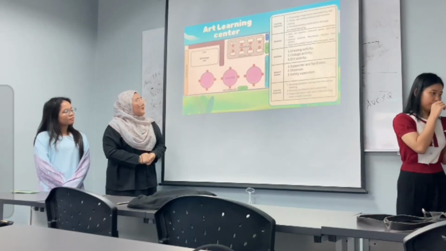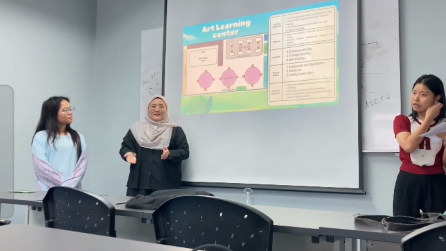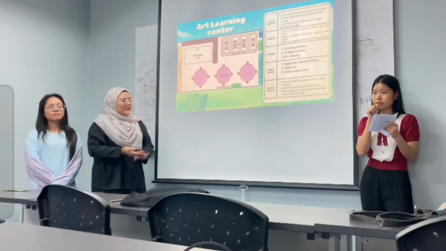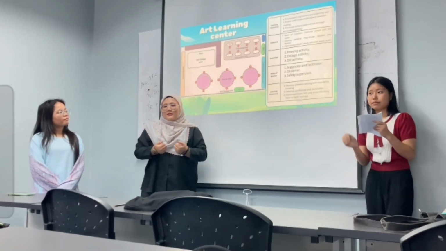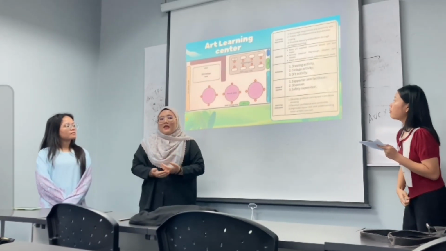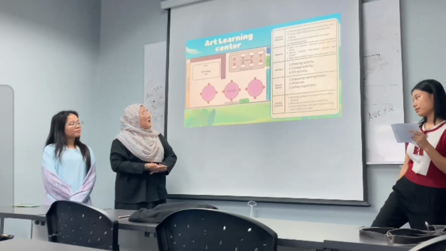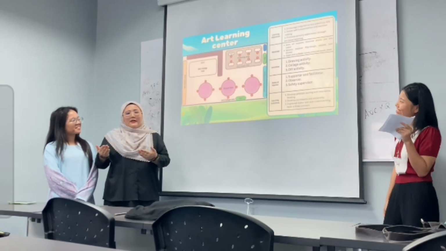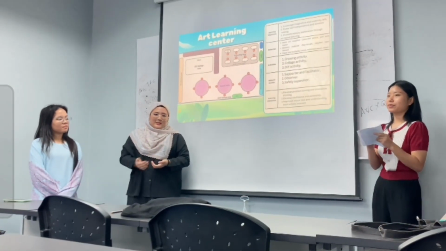If you look at the area, we provide three different areas in this learning center. The first one is the coloring area. This coloring area focuses on the student individually. We want them to be separated when they do this activity. As you can see, the tables are separated and they can do the coloring activity by themselves, but also with support and guidance from the teacher.